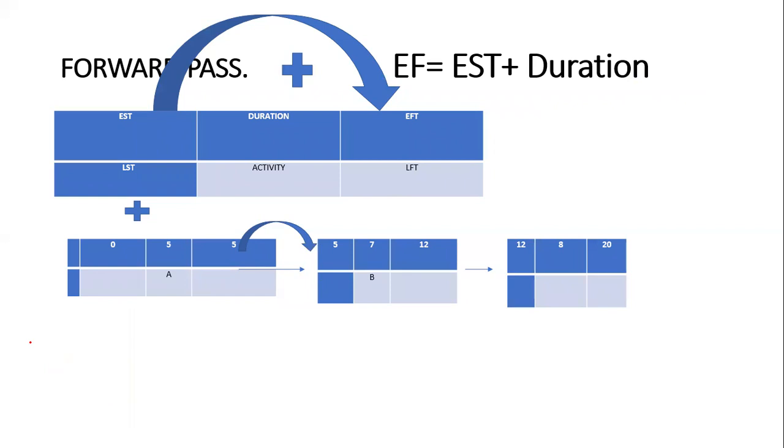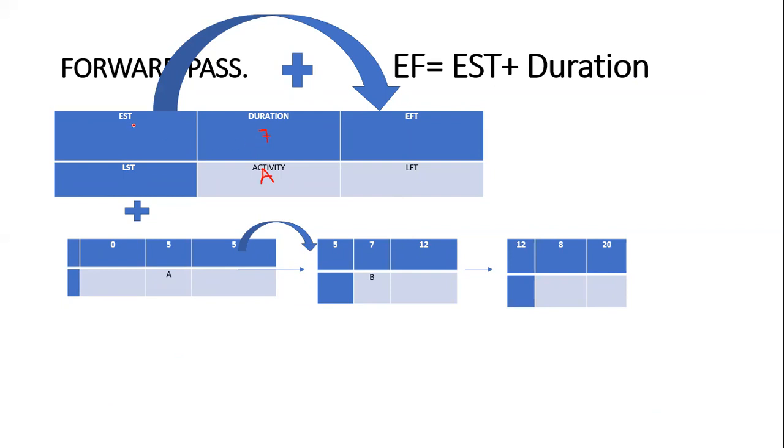Forward pass. I want you to take down these terms: EST, LS starting time, duration, EFT, LS finishing time. So for today, let's say this is activity A. If activity A takes 7 days, we put the duration in this.